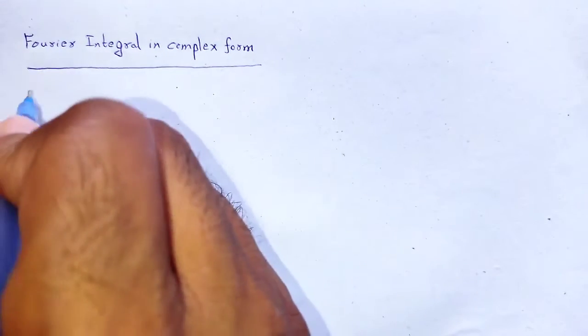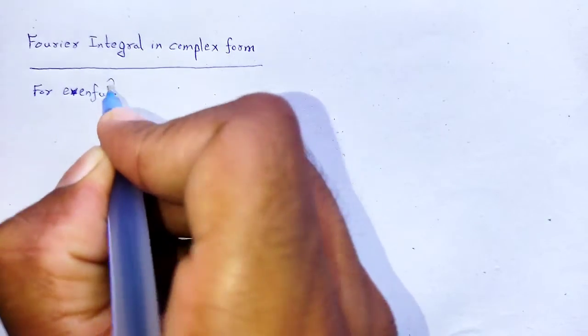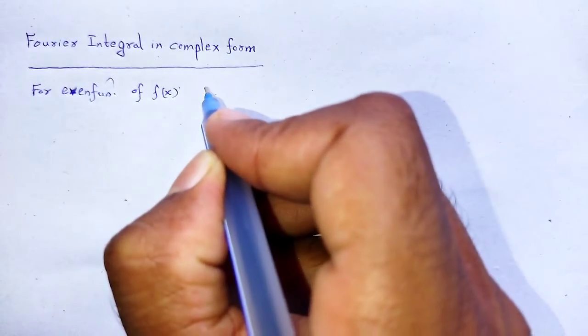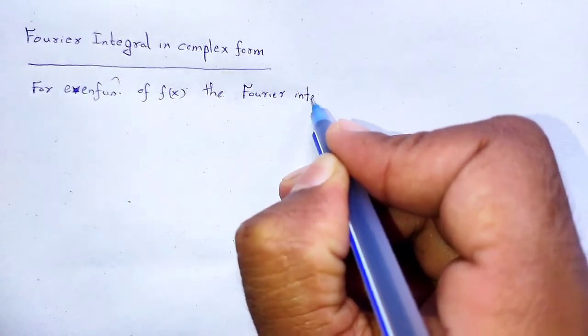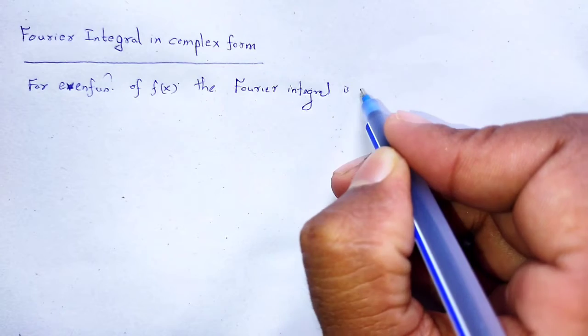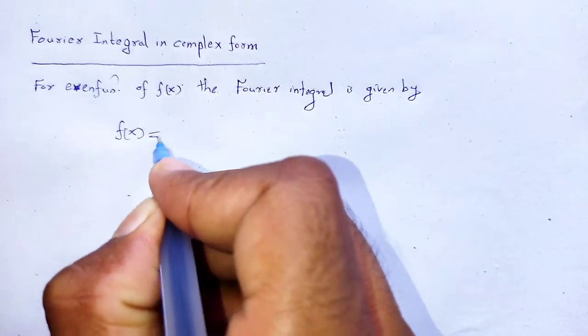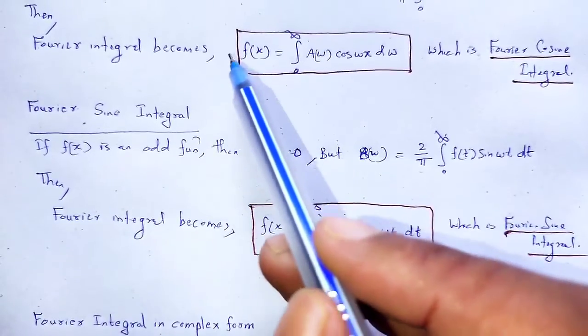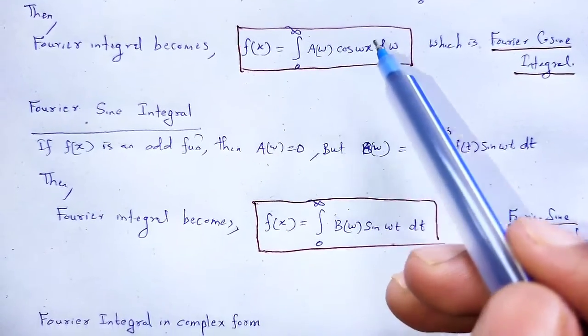Generally, for an even function f of x, the Fourier integral is given by f of x is equal to the Fourier cosine integral, 0 to infinity a omega cos omega x d omega. The value of a omega is put.